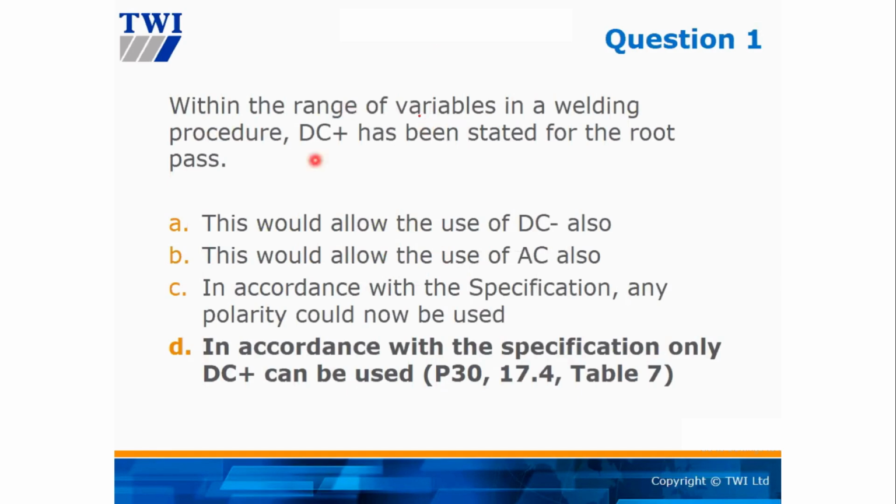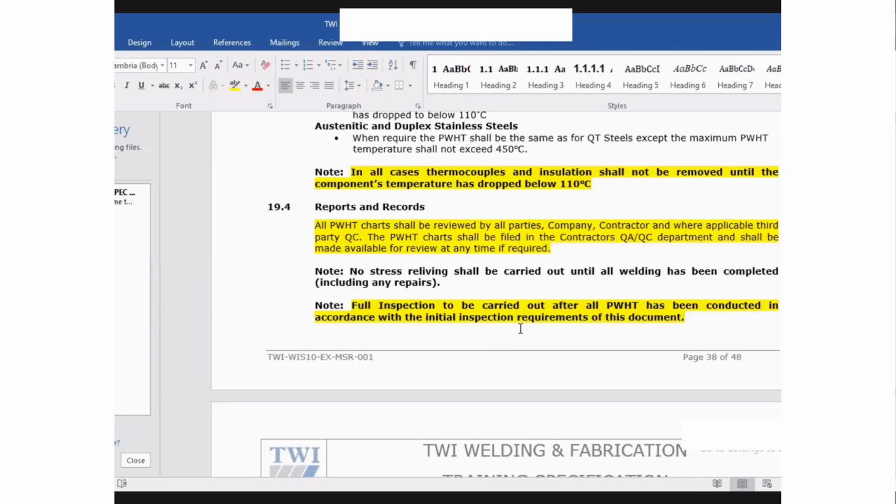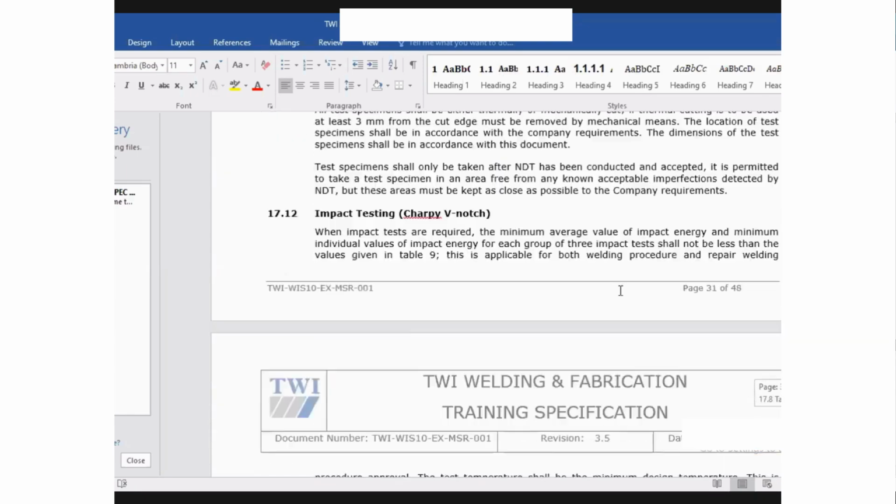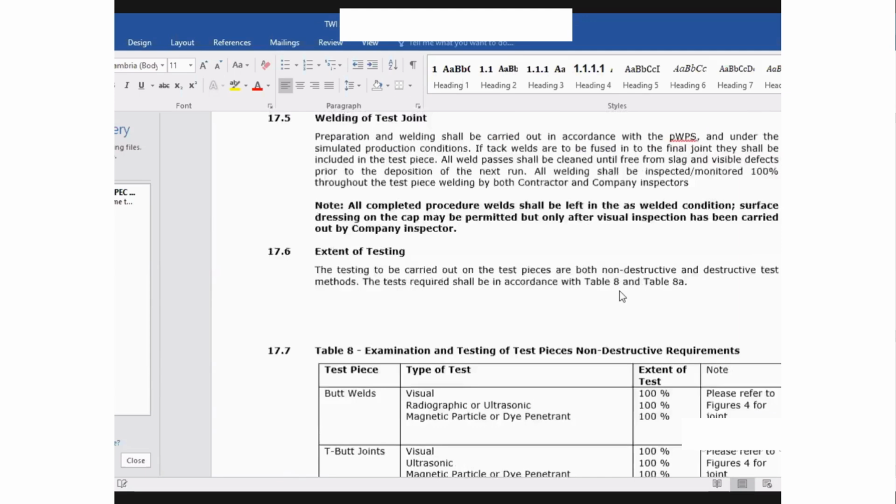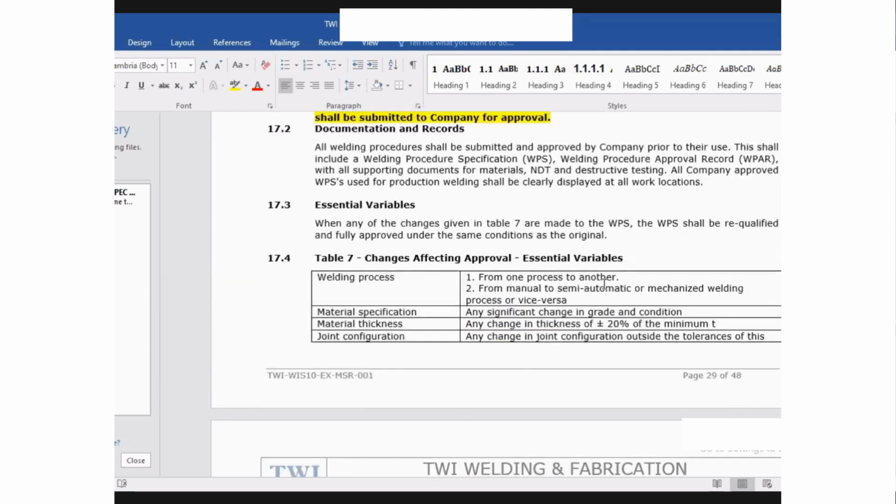Within the range of variable in the welding procedure, so welding procedure here, they are referring to the WPS. So it says here it's using DC positive for the root. All right. Now we're going to check from page 30 of the spec, 17.4, table 7.